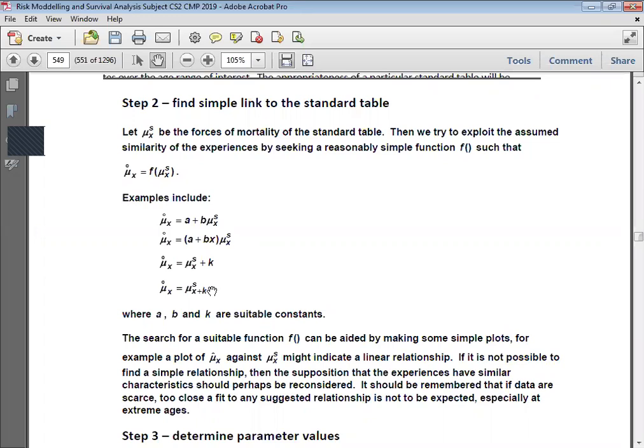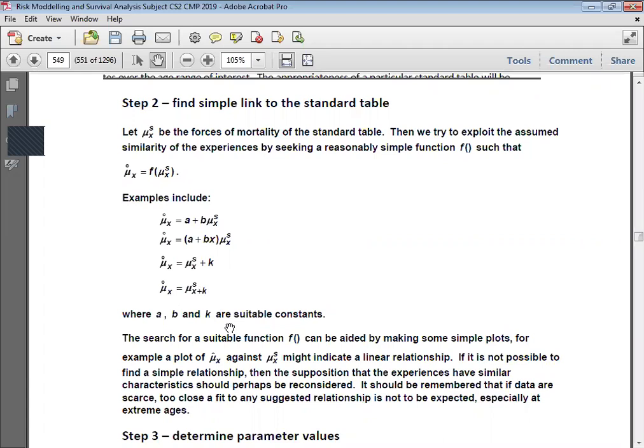So you might observe that the crude rates that you have follow the same pattern as the ones in the standard table, but with a lag of 2 steps, or a lag of -2, maybe just as an example. If you see that, then you might have some sort of a relationship like this, where if you want to figure out the graduated rate for age, let's say 26, then you will not use the standard table rate for 26 itself.